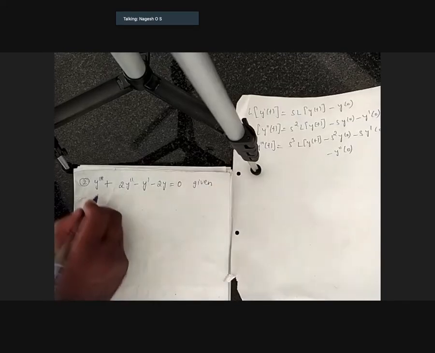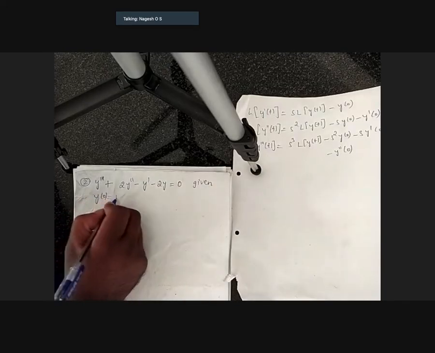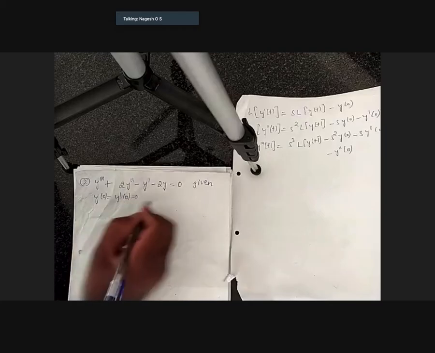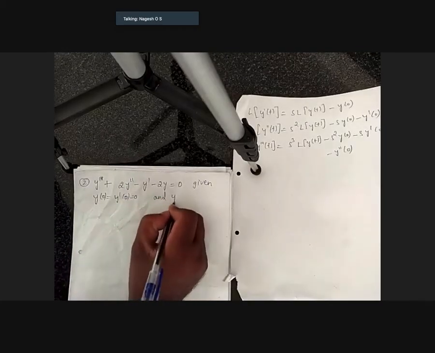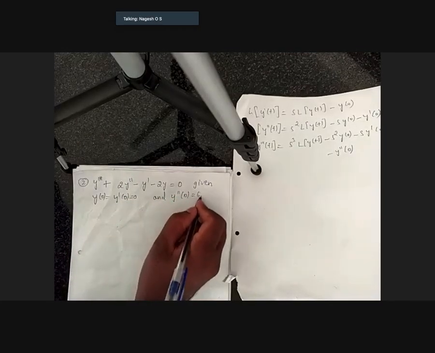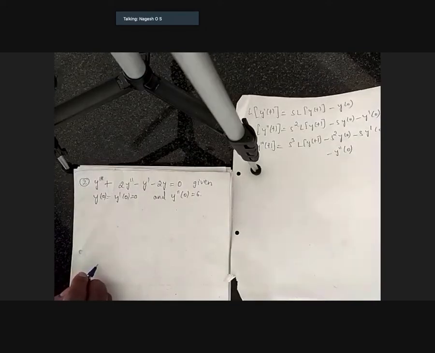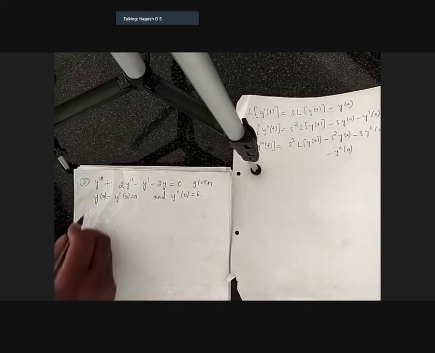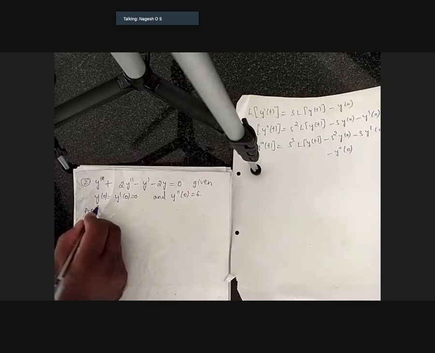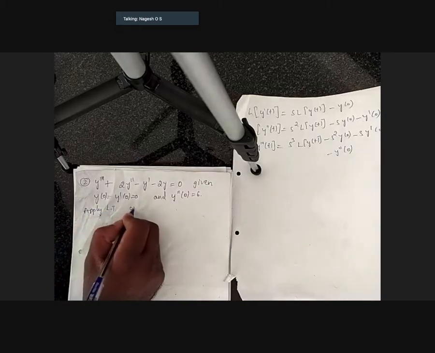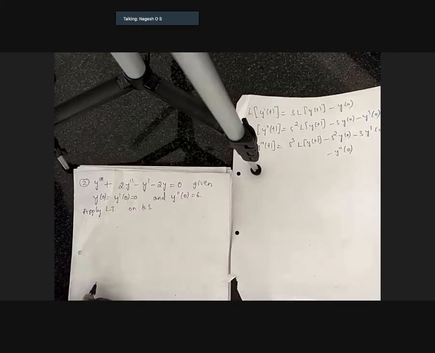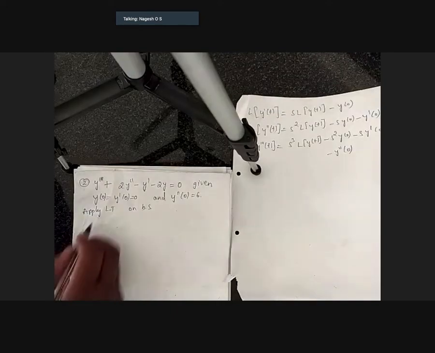Given y of 0 equal to y dash of 0 equal to 0 and y double dash of 0 equal to 6. This is the given data. First we need to apply Laplace transform on both sides.